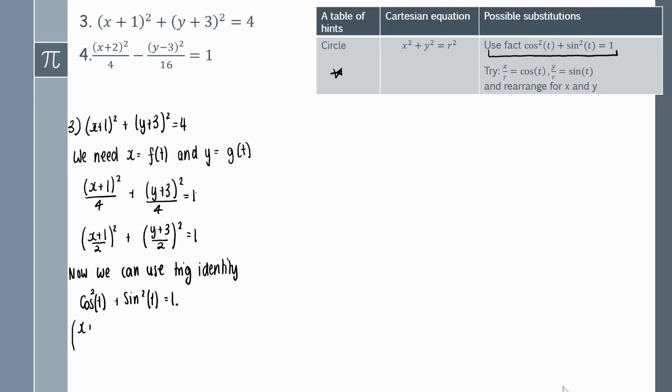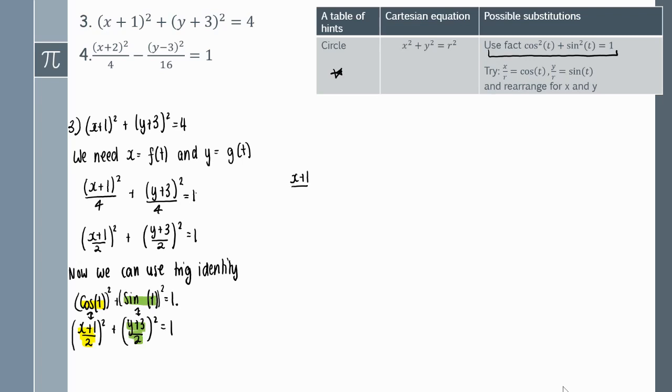So let's let x plus 1 over 2 squared be my cos squared, and y plus 3 over 2 all squared be my sine squared. What does this mean? This means that then cos t would be x plus 1 all over 2, and my sine t would be y plus 3 over 2.